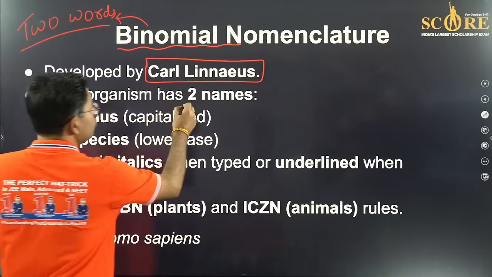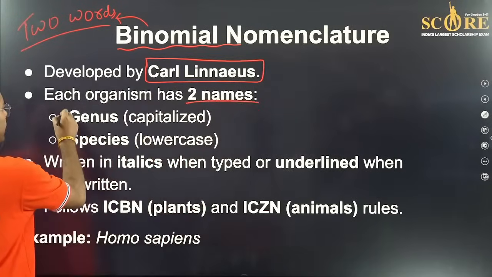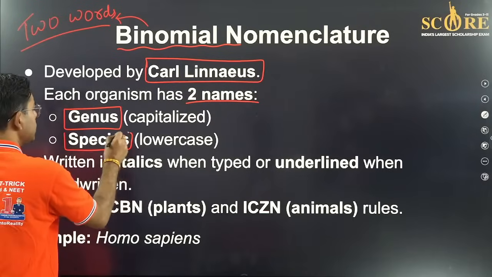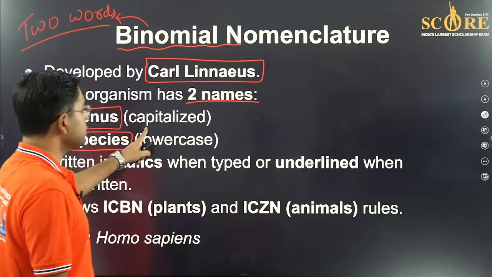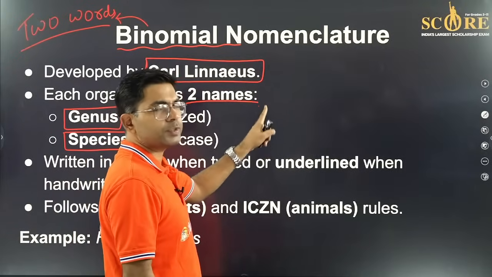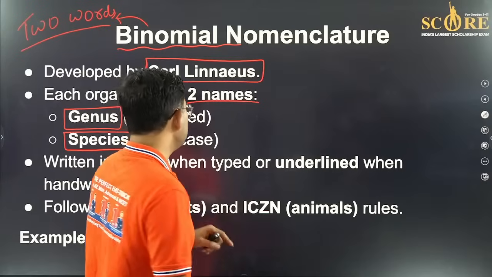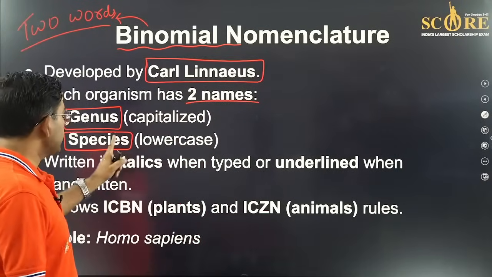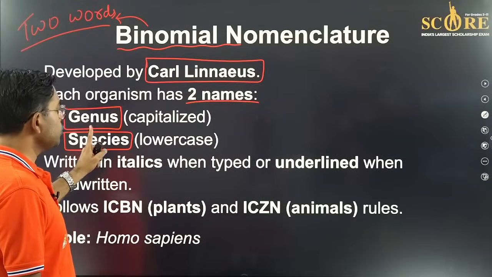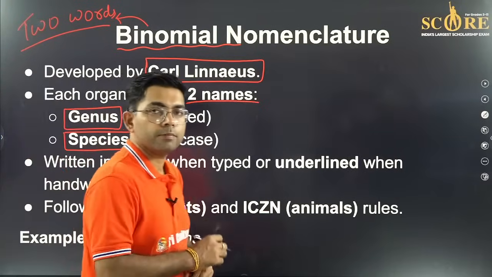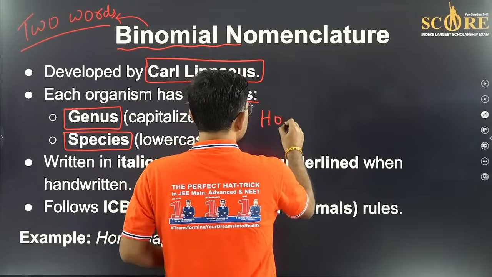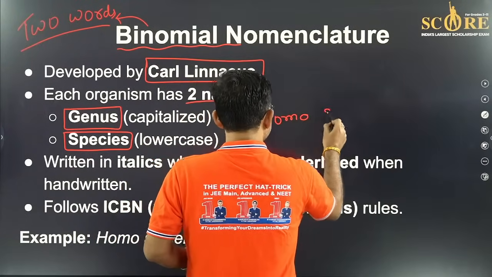It uses two words. The first word is the genus, the other word is the species. The genus is written first, the species is written next. The first letter of the genus is capital and the first letter of the species is small. For example, humans are called Homo sapiens.